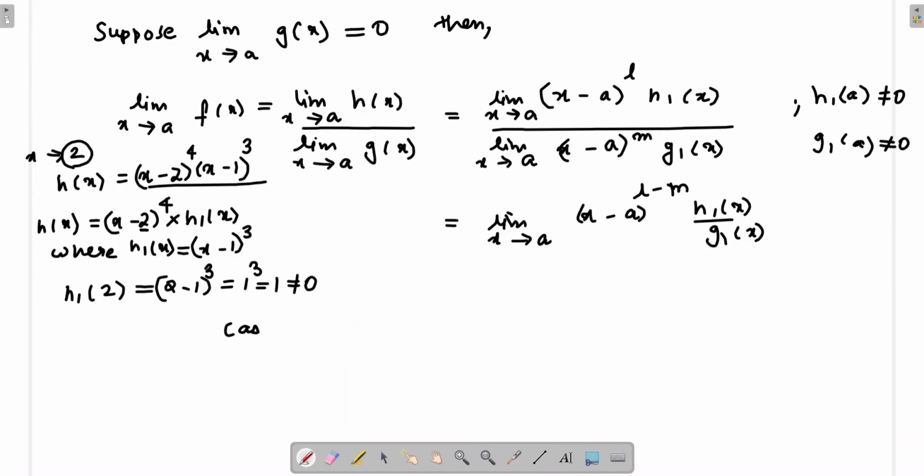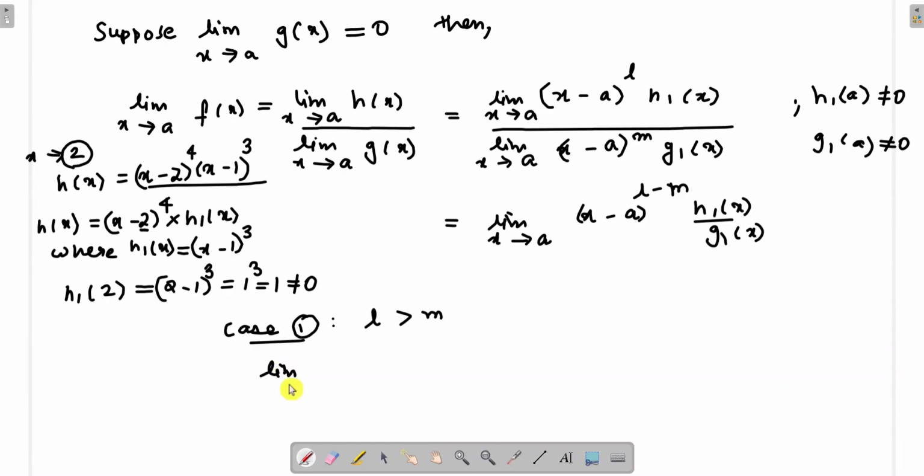So case 1, suppose l is greater than m, these are two real numbers, or for that matter, whole numbers, right? So if l is greater than m here, what happens, that we have to look at.